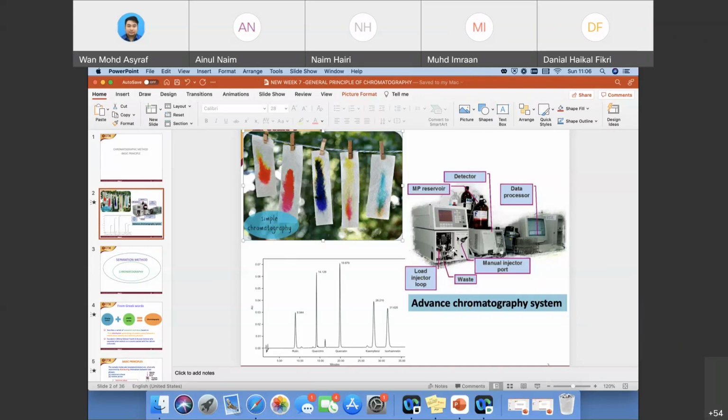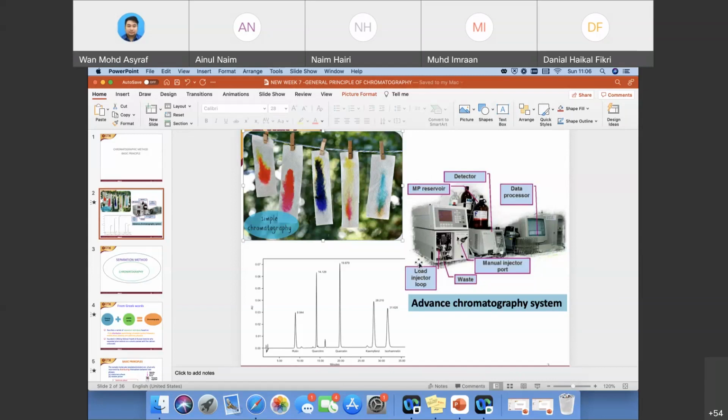Okay, so basically, this is a piece of tissue paper, and then this is like ink. Okay, ink on a tissue paper. For example, you look at this one, the second last one here. All right, so this ink initially is a pink color.